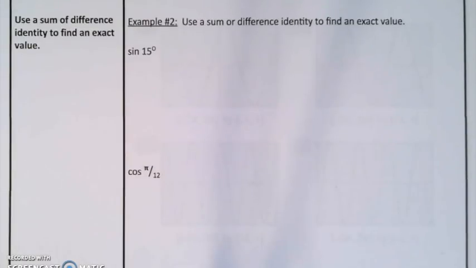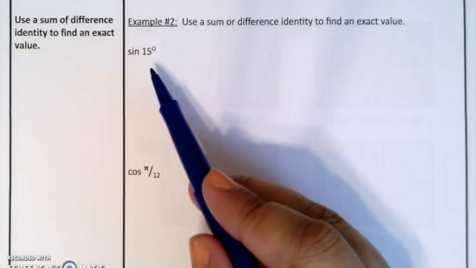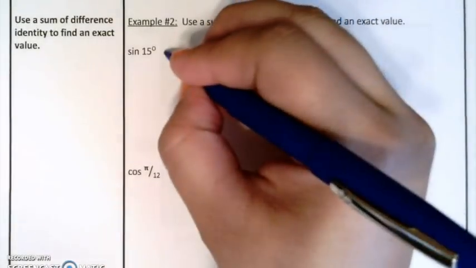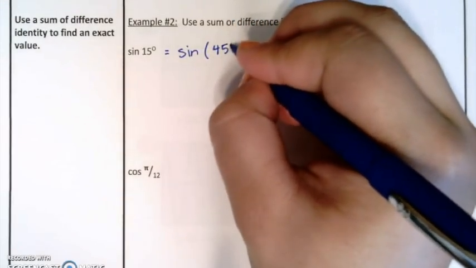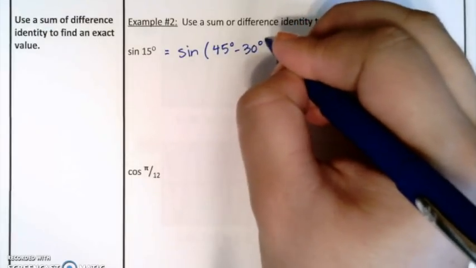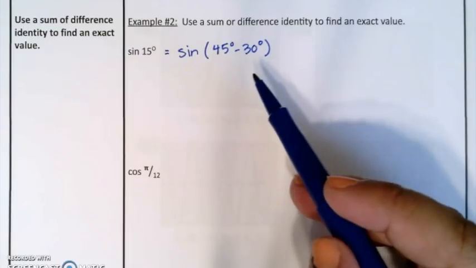On the next page, looking at example 2, we want to use a sum or difference identity to find an exact value. Notice sine of 15 degrees is not something that we know from the unit circle, so we could rewrite this as sine of 45 degrees minus 30 degrees. Now 45 degrees and 30 degrees are both on the unit circle, so those are values that we know.